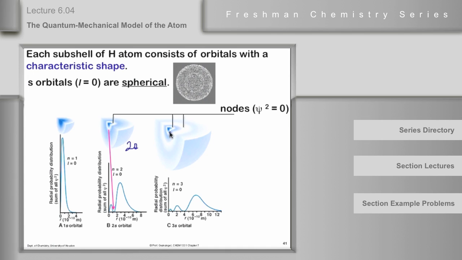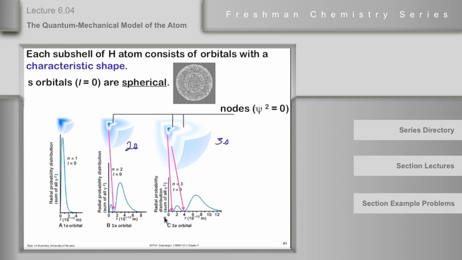If we look at the orange segment diagram for a 3s here, you can see there are, in fact, 2 nodes, and those nodes correspond to the diagram around 0.5 and around 4 times 10 to the minus 10 meters.